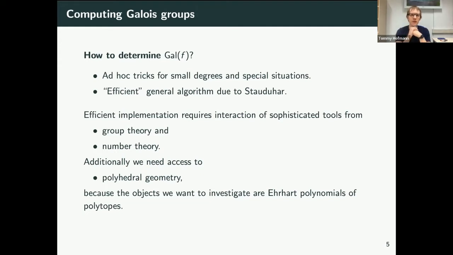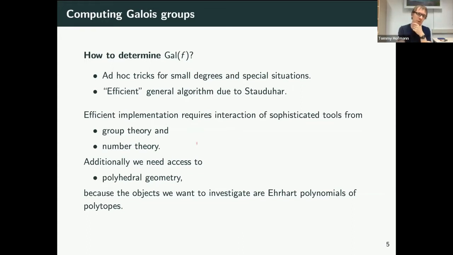And in general, there's a very efficient algorithm due to Staudu-Haar, which works for arbitrary degrees and can also be extended to arbitrary polynomials, so not necessarily irreducible. And the interesting thing is that if you look at this algorithm and you want to implement it in your favorite computer algebra system, you notice quickly that you will have to use tools from two different domains.